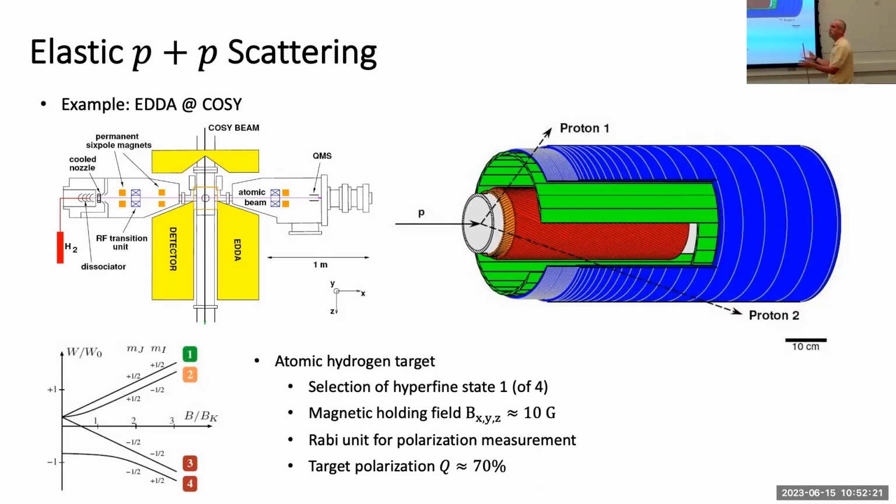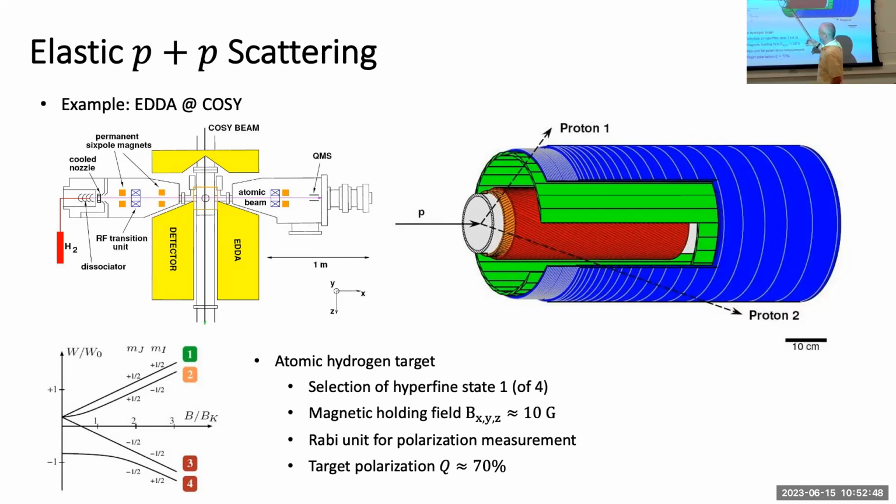You don't want much background pile up or multiple events in your interaction. So you want a thin target here where the interaction probability is fairly small, so you can really nicely identify the elastic scattering events. And the way to do this is this atomic hydrogen target, and now your alarm bell should ring because that's what we talked about half of yesterday's lecture.